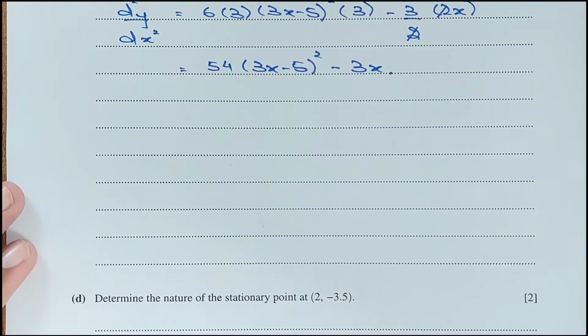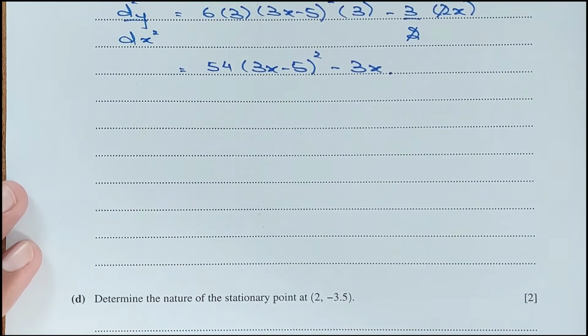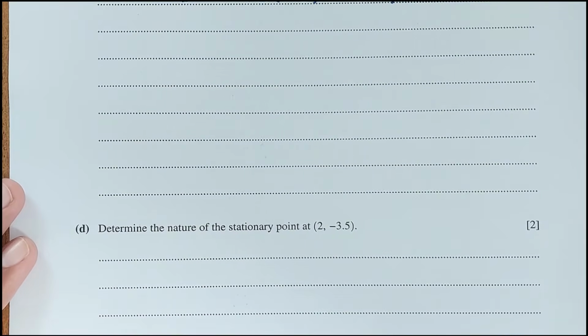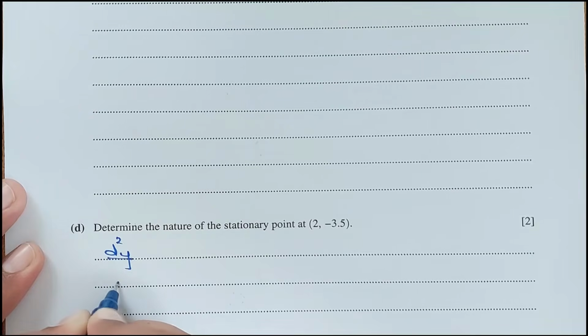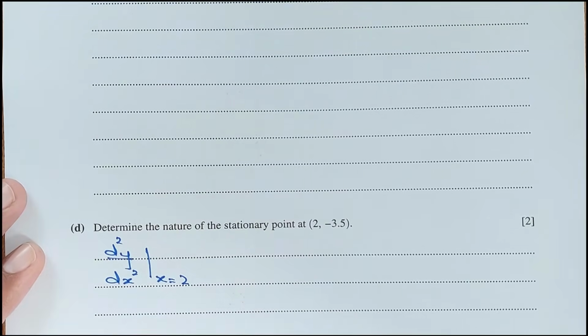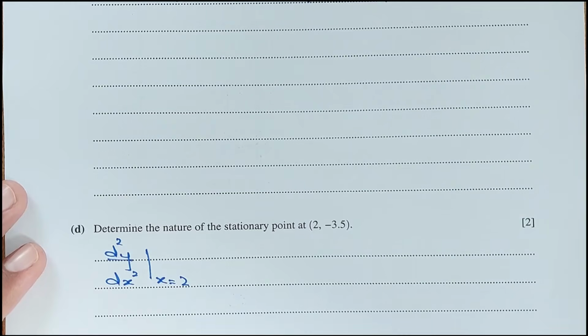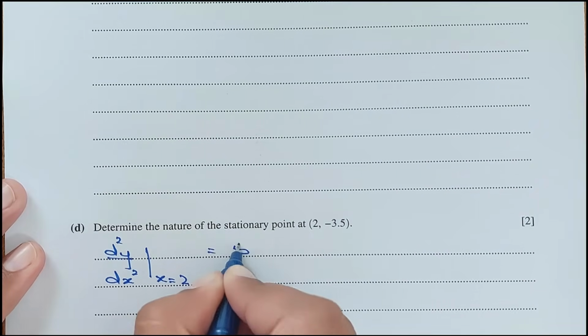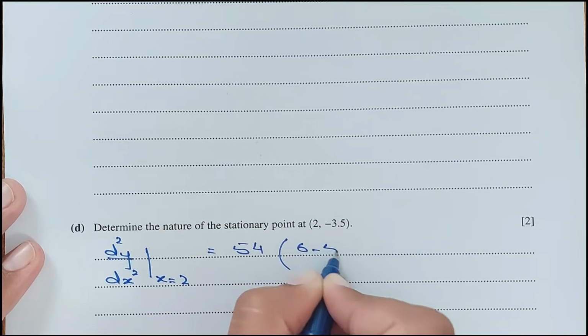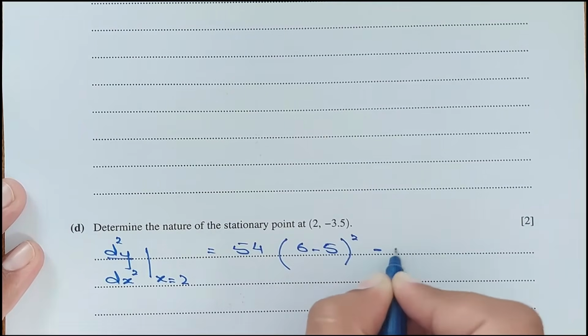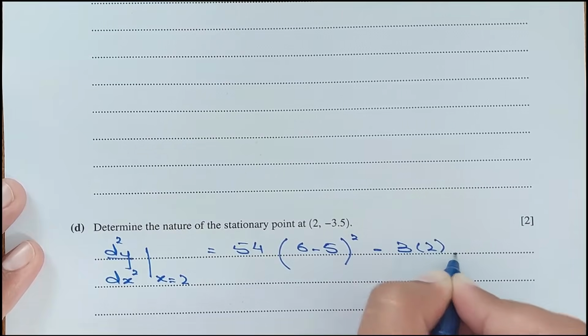Now for part D, determine the nature of the stationary point at (2, minus 3.5). So for the nature of the stationary point, we can check the second derivative d2y over dx square at x is equals to 2. If it is positive, we have a minimum. If it is negative, we have a maximum. So we have 54 times (3 times 2 is 6 minus 5) whole square minus 3 times 2, right?